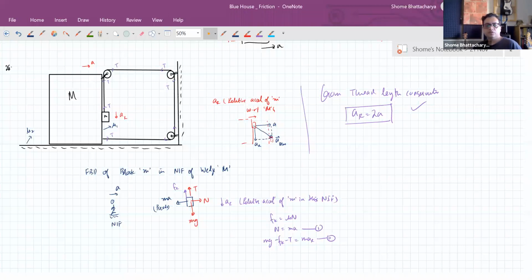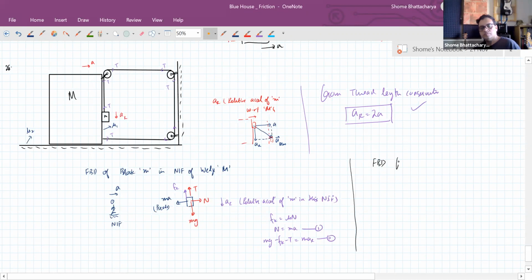And then finally we come to the free body diagram of the wedge in the ground frame. Now this is the one which is a little tricky.